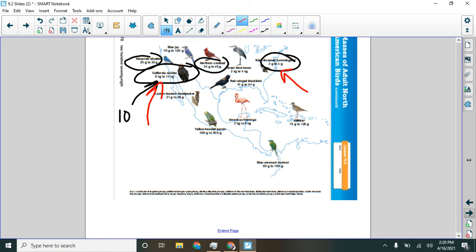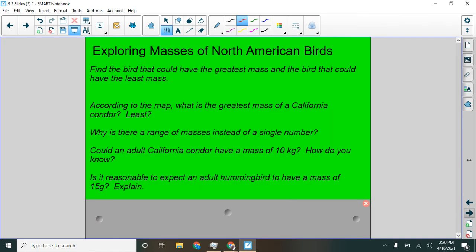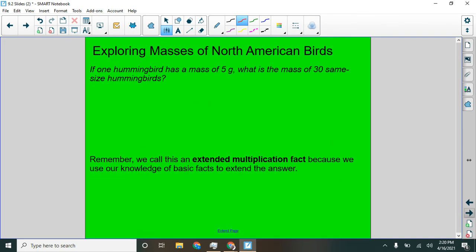See lots of those. Okay, so now let's move on to how we would answer some questions. It says if one hummingbird has a mass of 5 grams, so that's really, really small, right? What is the mass of 30 same size hummingbirds?